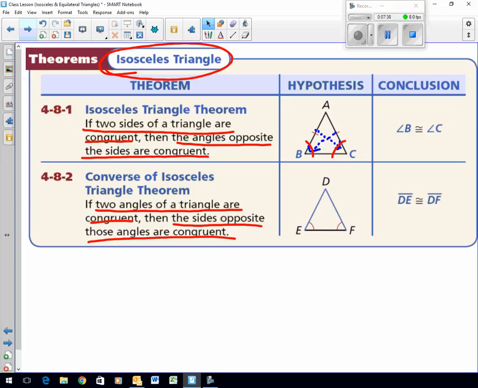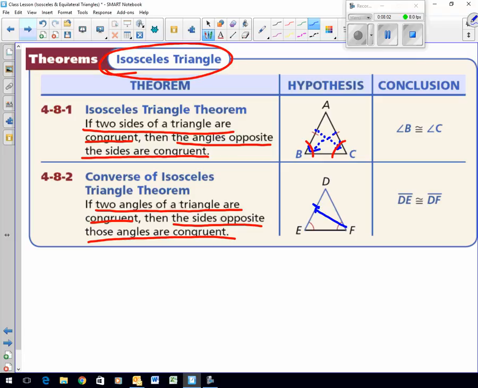Camry, what side is opposite angle F? EB. Okay? How do I know how to go opposite? Start in the angle, draw a straight line until you hit the other side. ED, correct?